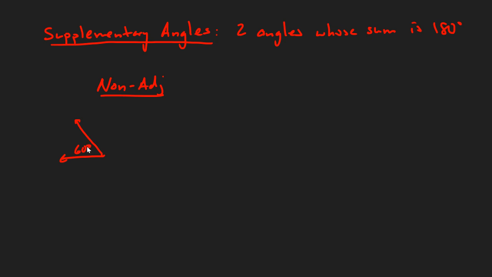And now I need a second angle that's going to have a sum of 180 with that 60-degree angle. So it's going to be an obtuse angle like that. Sure. And I'm going to call that 120. And I know that these two angles that are not touching are supplementary because 60 and 120 make 180.